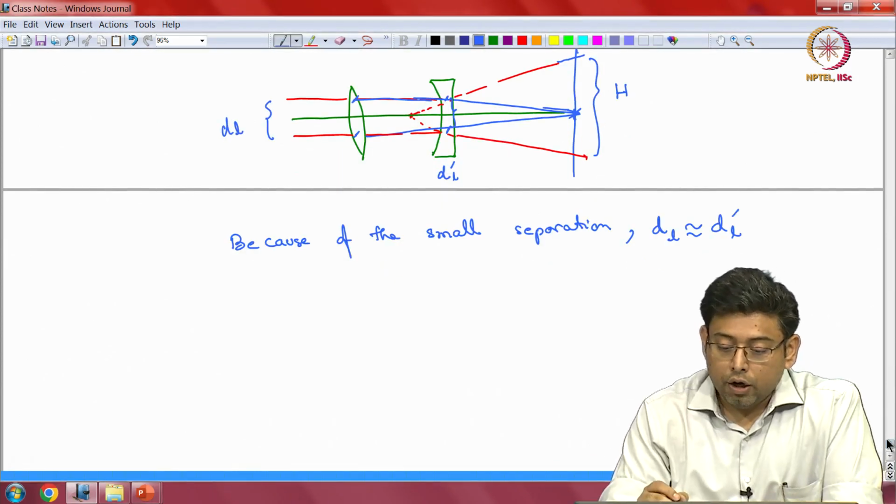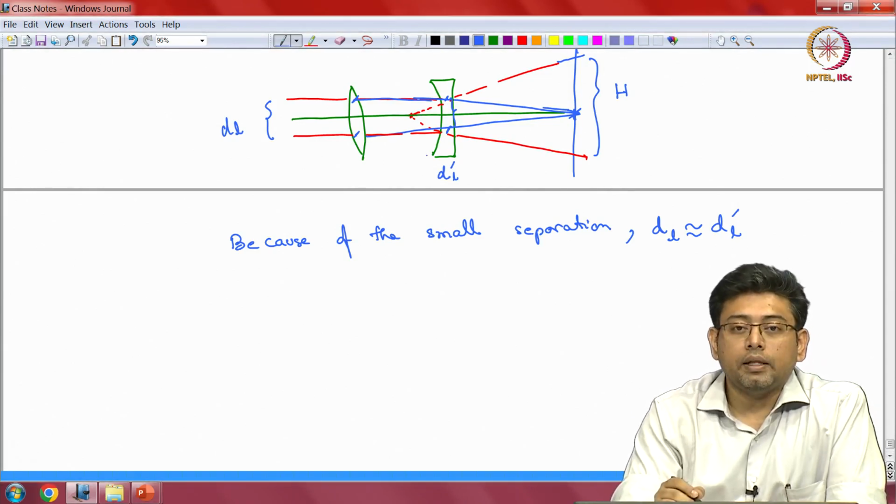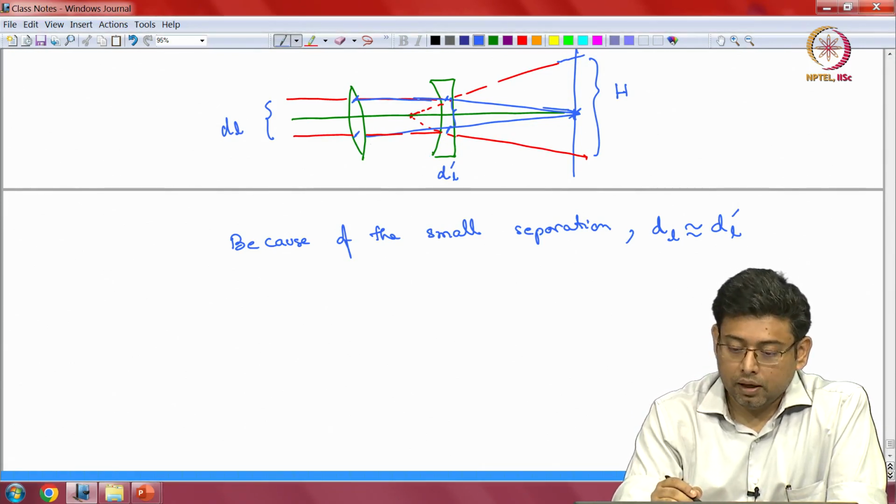Now in order to find out what this h is, I apply the idea of similar triangles. This is geometric optics. So geometry is basically the determining factor in everything.